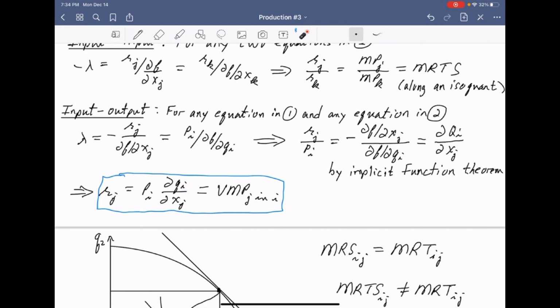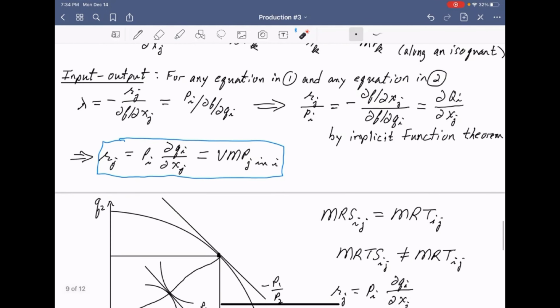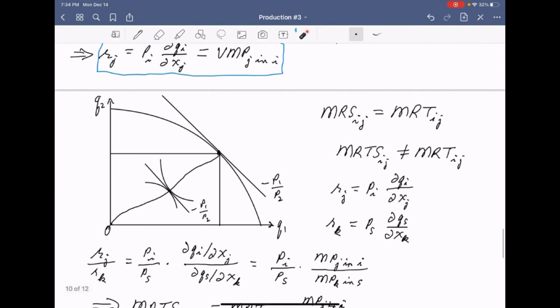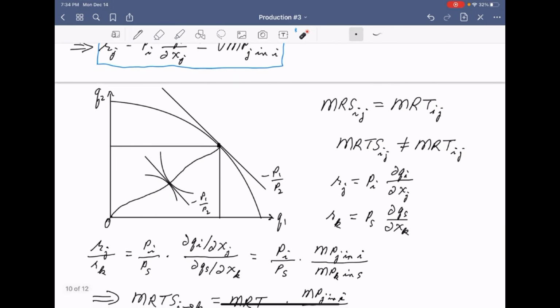So the marginal product of input j in the production of output i, that we denote as the value of the marginal product of j in i. Now, what that implies is that the marginal rate of substitution of i for j is equal to the marginal rate of transformation of i in j.